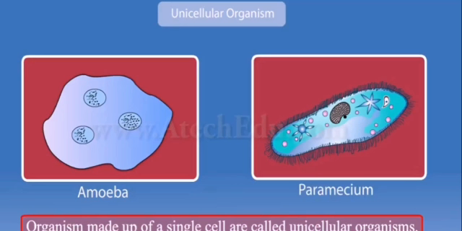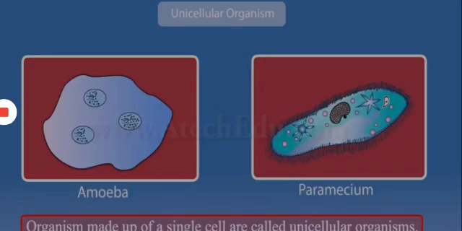It performs all the functions like taking in food, which we call ingestion, and digestion, respiration, movement with the help of pseudopodia, growth and reproduction can take place with a single cell. Is it clear? Now let us see multicellular organisms.